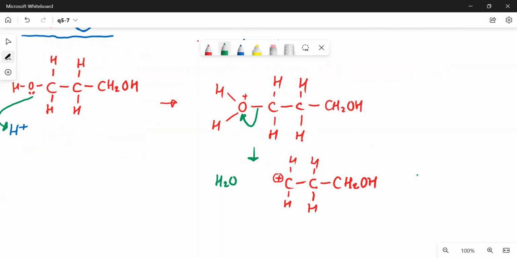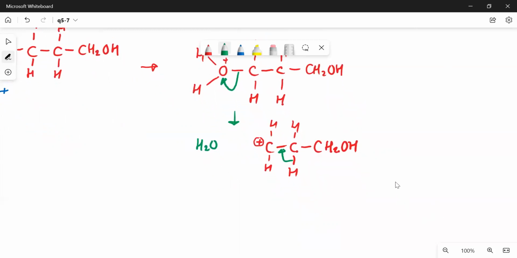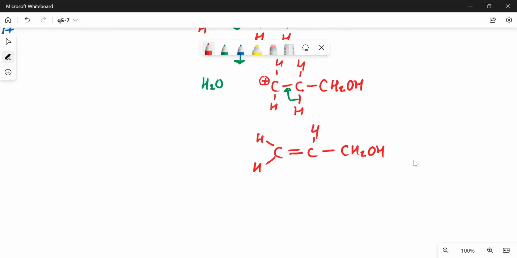So that is going to go there. The electrons in the bond between the carbon and the hydrogen are going to form the pi bond part of the double bond to give us the product, and you're going to release the H plus. So you can see the overall role of the H plus is a catalyst because it doesn't actually get used up. So there we've got our double bond as our product. Okay, that's that mechanism.